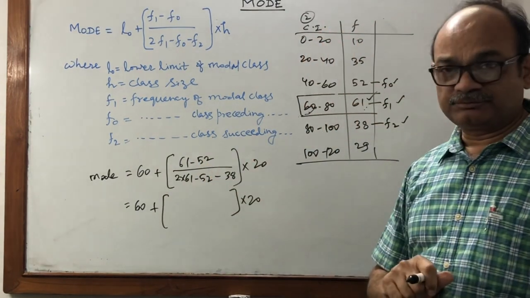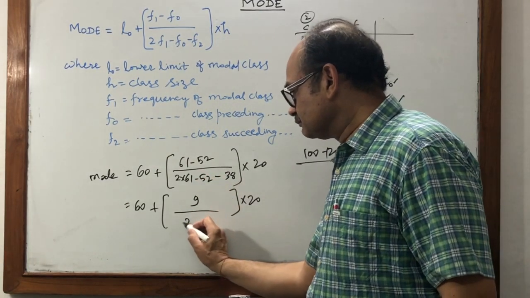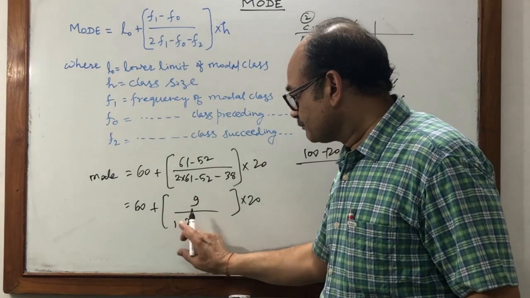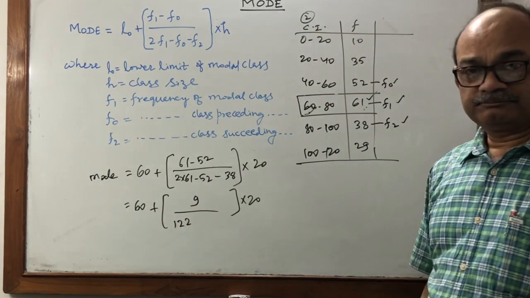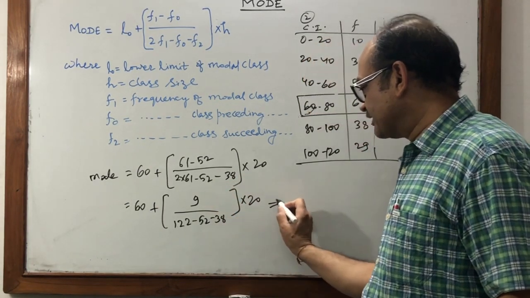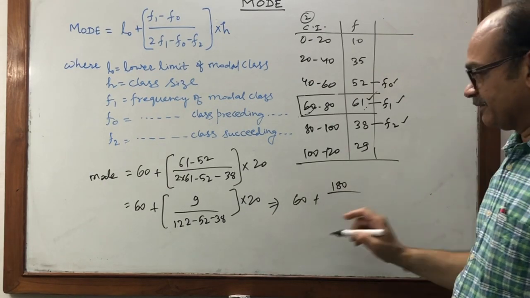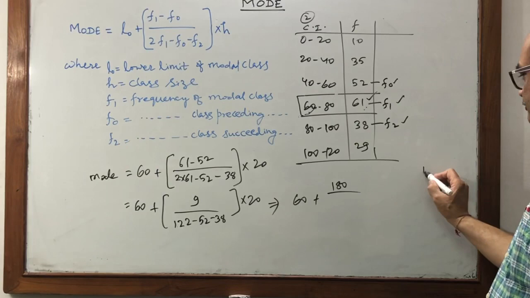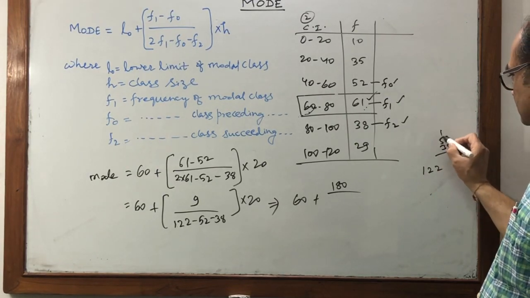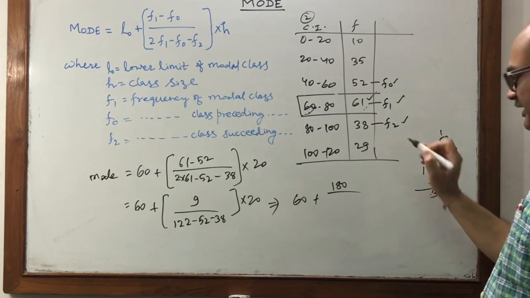61 minus 52, 9. 61 into 2, 122, minus 52 and minus 38. What we are getting? 60 plus 180 divided by 122 minus 52 and 38. 90 you have to subtract, that is 32.